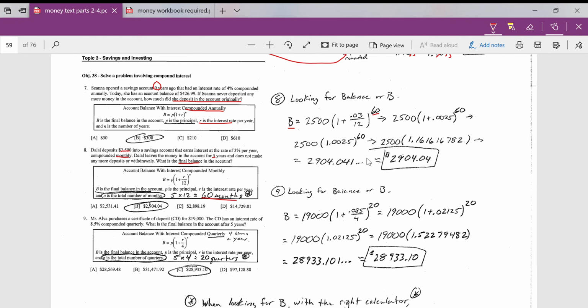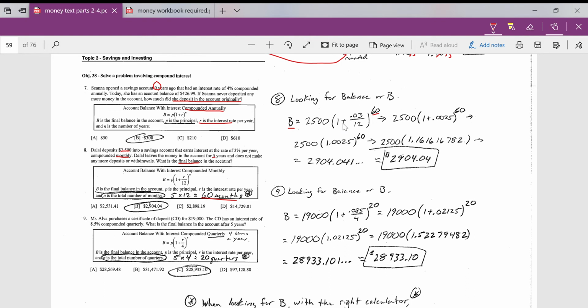Now it's just figuring out all the numbers on the right side, because we want the capital B on the left side. If we're in school, with a nice calculator, if you type this in correctly, you can type it all in at once and get your answer. If you're using a phone calculator, we have to use order of operations.